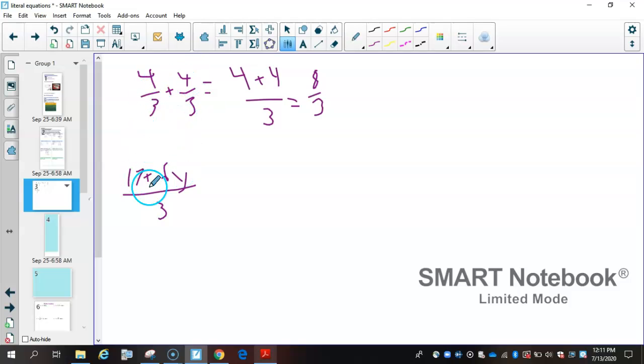Well, I can do that by saying each numerator over the denominator. So I can say this is the same thing as 17 over 3 plus 6y over 3.